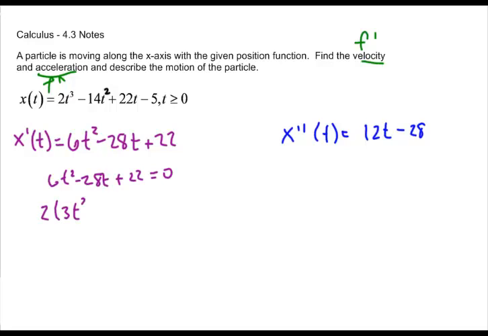So 3t squared minus 14t plus 11. This will factor to 2 times (3t minus 11) and (t minus 1).